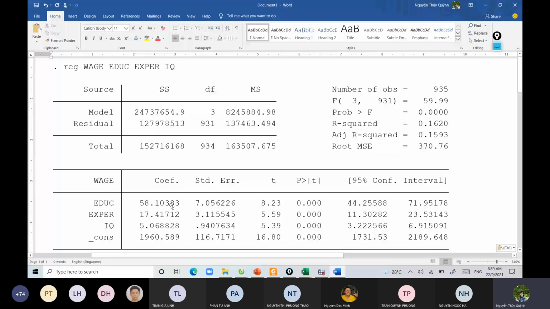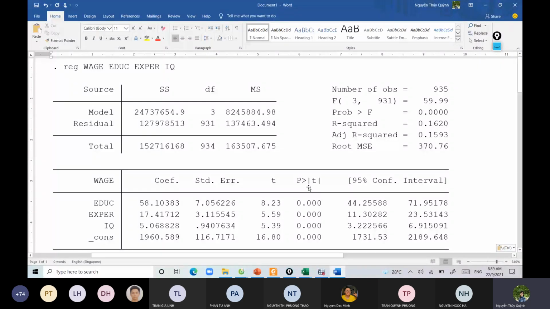So just take this one divided by this one, you will get the value of 8.23. Okay, this one is the observed value of T for the suspect value of 0. Now what about this column?